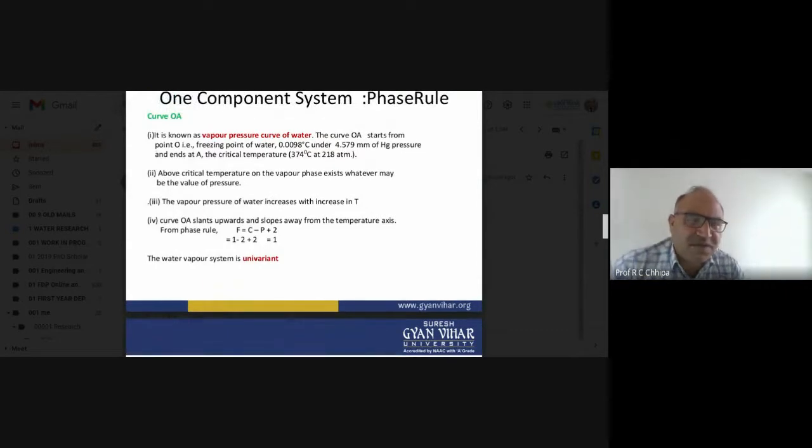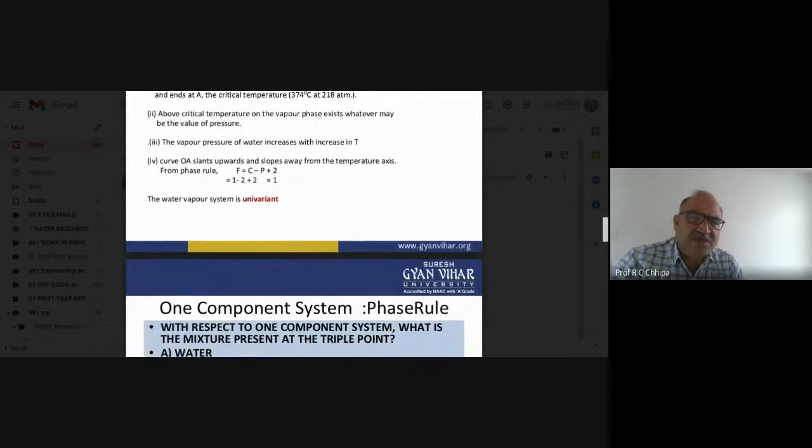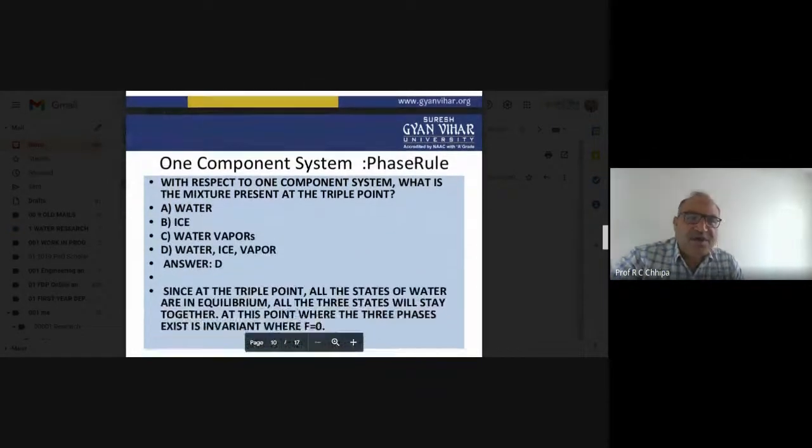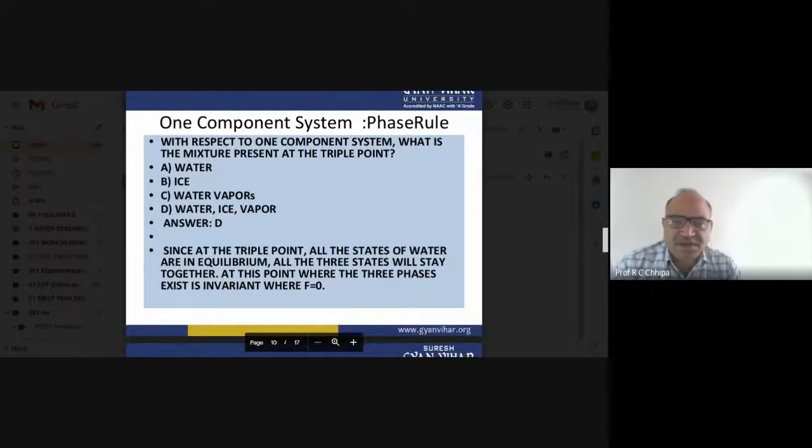The curve OC, as a melting point curve, slants upward, and the slope may be away from the temperature axis, from this phase rule. The water vapor system is now one of the other multiple choice questions which are given with respect to one component system.